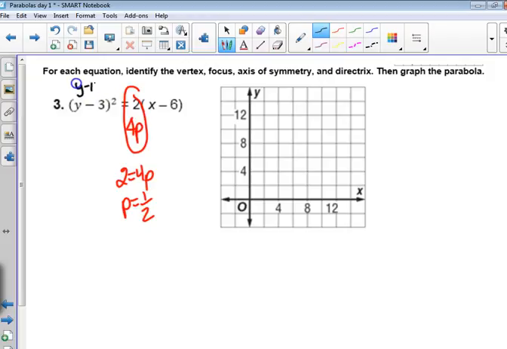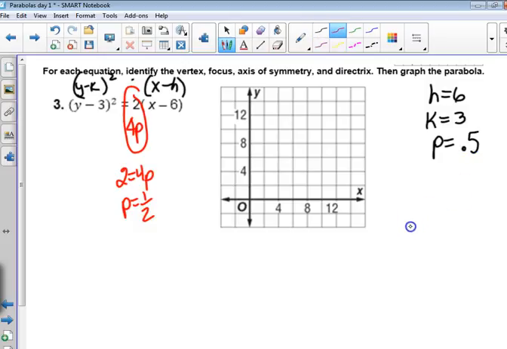This is y minus k, x minus h. So h is 6, k is 3, and p is 1/2 or 0.5. You can use a decimal. Vertex, Jared. Vertex is always hk.